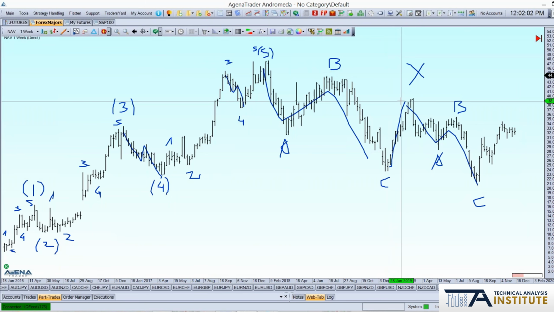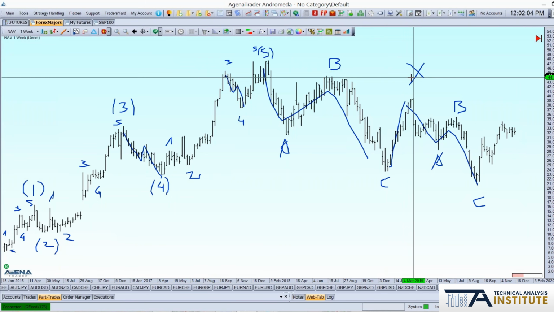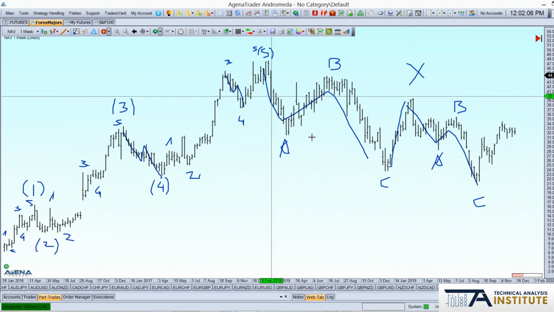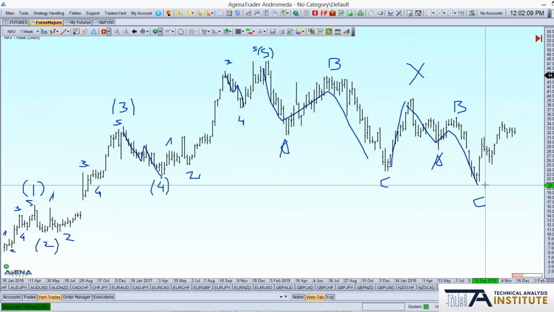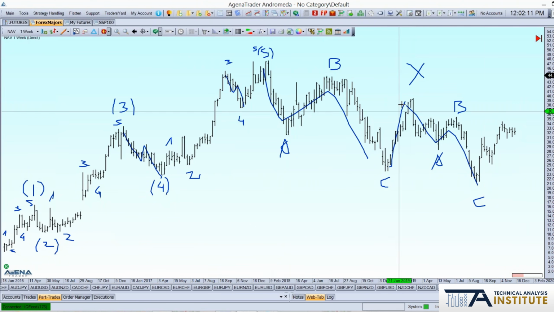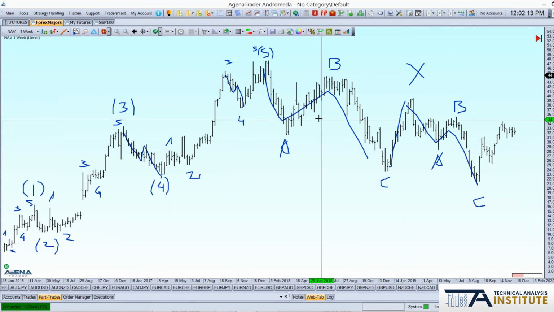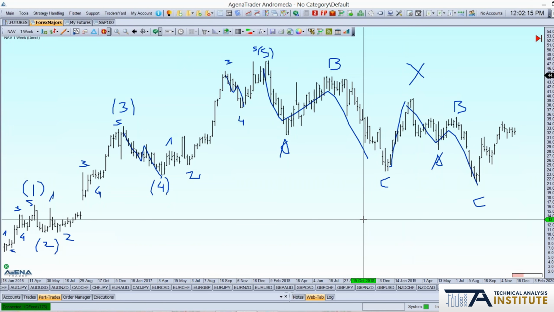In this particular case, a glue to two zigzags. Since this is a zigzag and this is a zigzag, glued together by an X wave, we call this a double zigzag.